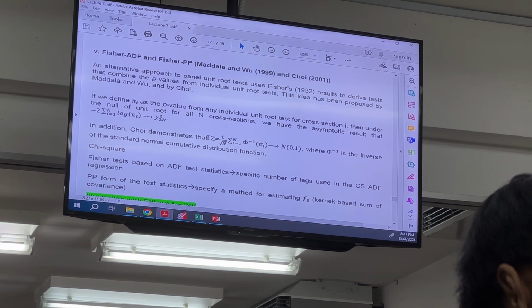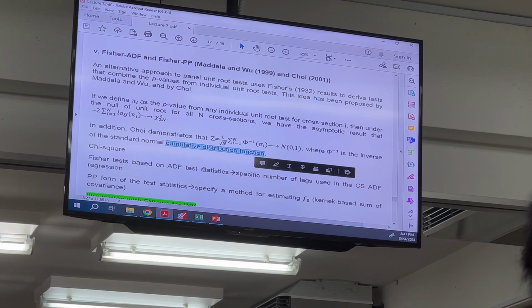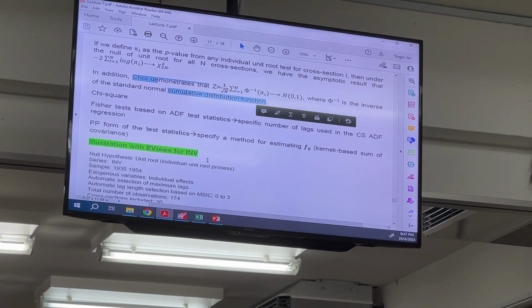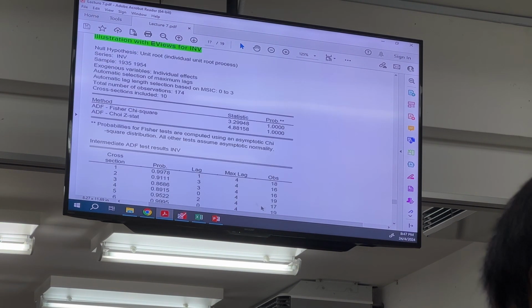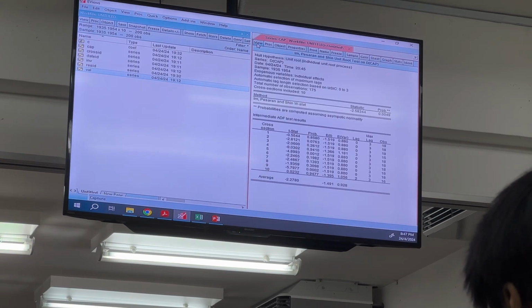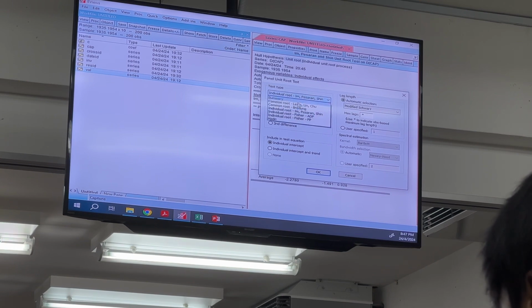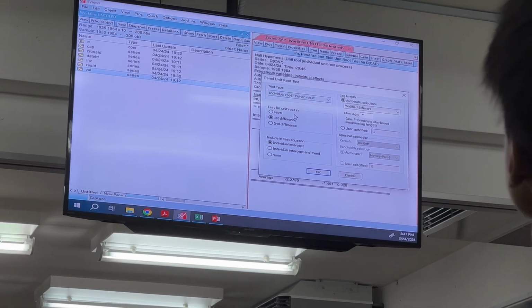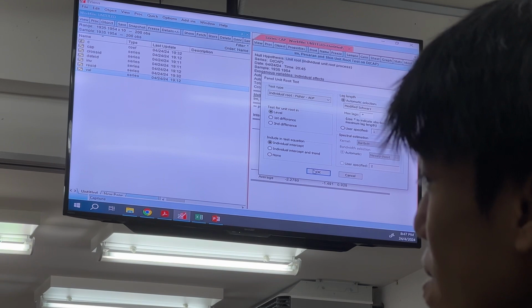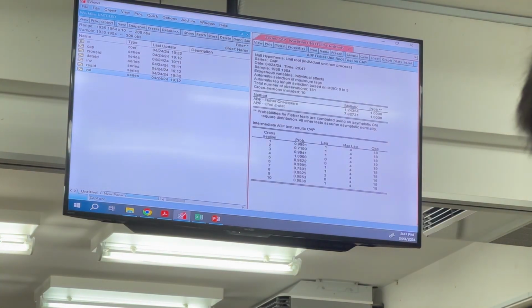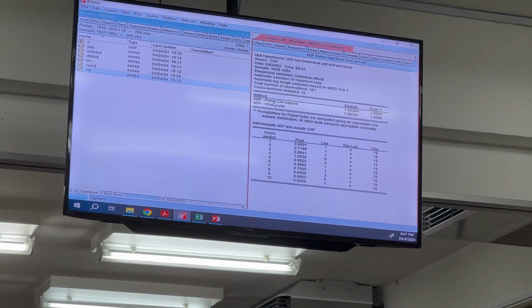For the details, for example, the Choi is when this item is inverted, it becomes the CDF function. So now we go to View, then the unit root test, check for independence. Then you click this ADF, then click for the level and check for it.